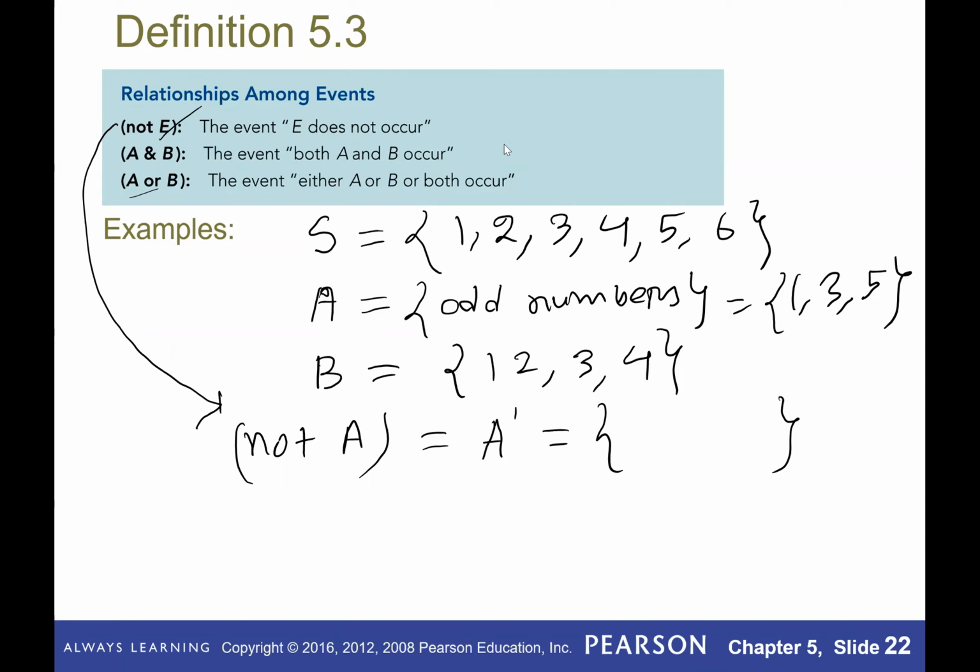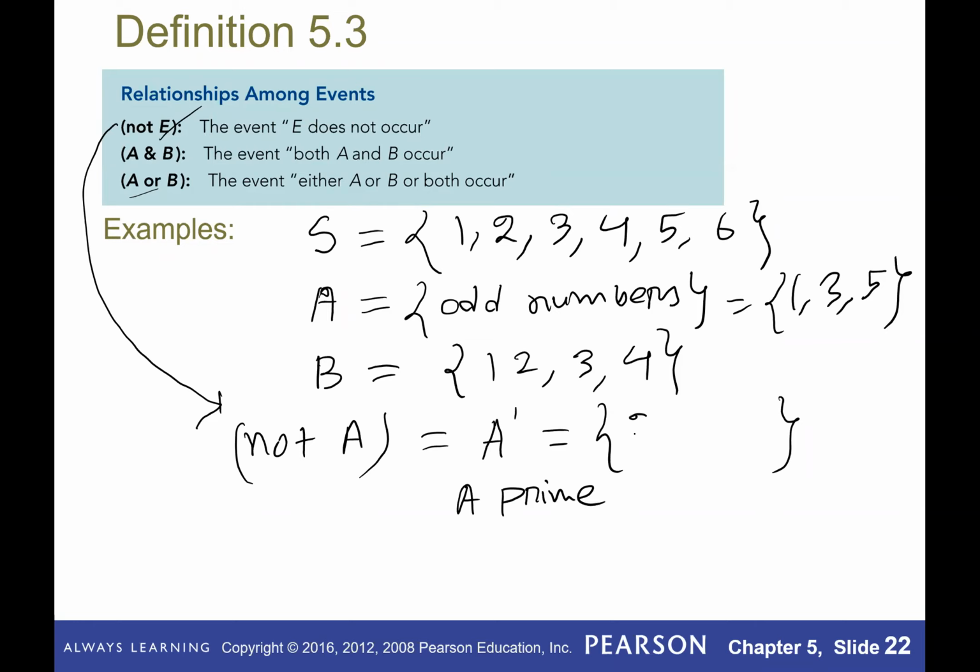So I got a couple of answers. Even numbers. Okay, even numbers. Yeah, many of you got the correct answer. It should be even numbers, right? Because the event A is odd numbers, 1, 3, 5. So A prime, you can read as A prime or A complement.